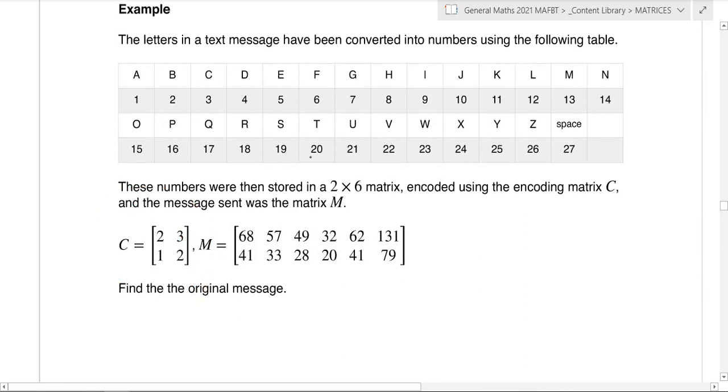Now, this is where what we learned in the previous lesson will come to help you. In order to decode this, you have to get the inverse of the original coding matrix and multiply it with this matrix here.